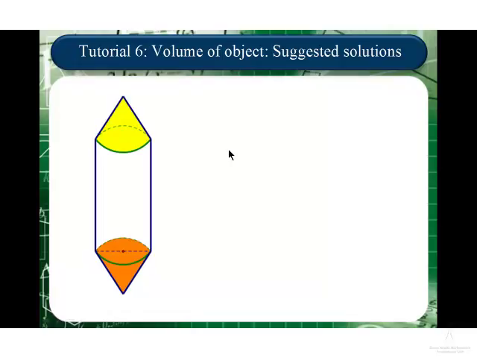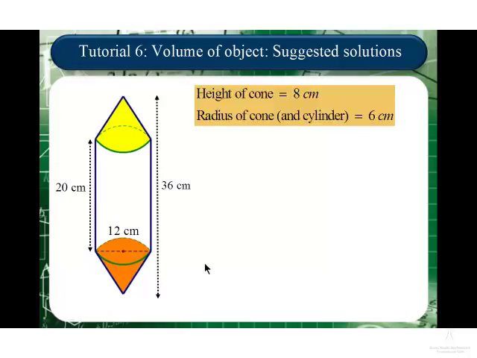Here we have this combined solid again with the dimensions as indicated for the total length of the solid and for the length of the cylinder. The diameter of the cylinder is again 12 centimeters, and we need to make sure that we subtract the length of the cylinder from the length of the total object and divide by 2 to get the height of the right cones.